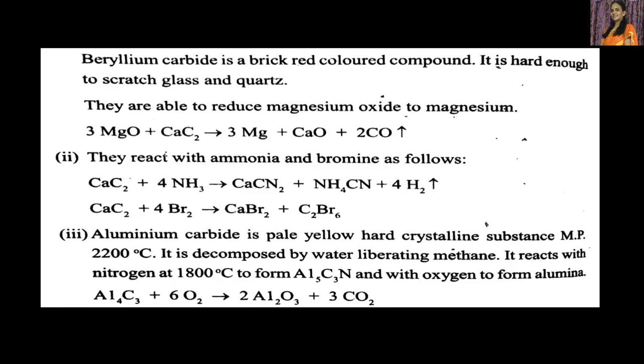It reacts with nitrogen at about 1800 degrees centigrade to form this compound, Al5C3N, and with oxygen it forms alumina, that is aluminium oxide Al2O3. Here we can see Al4C3, that is aluminium carbide.